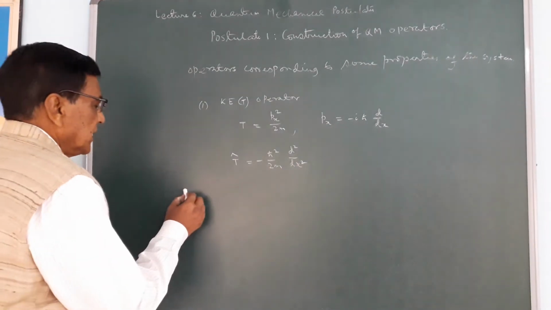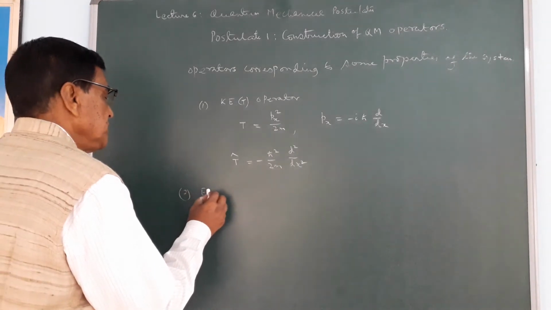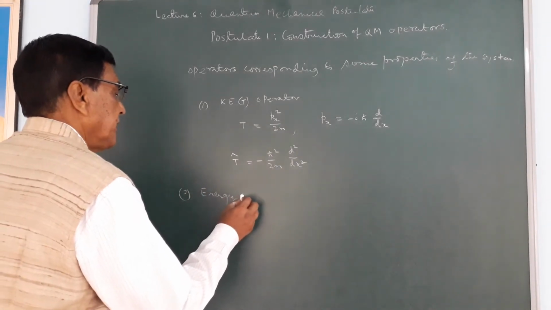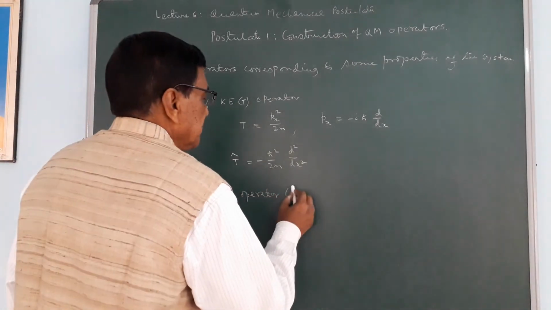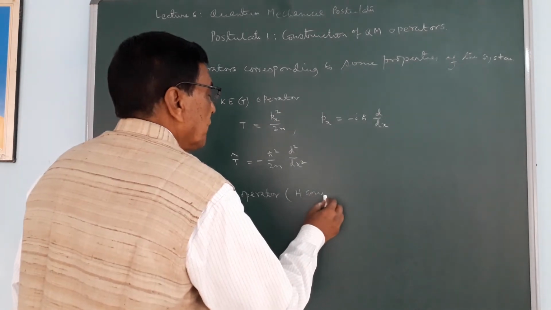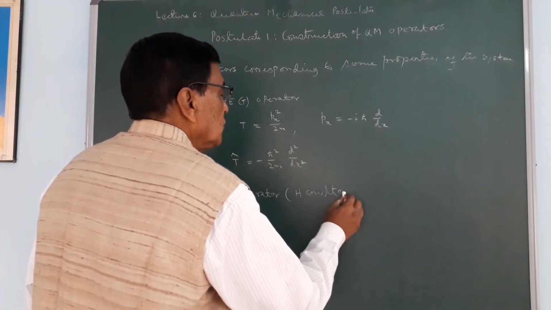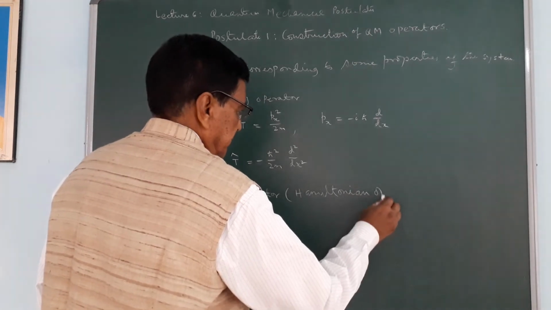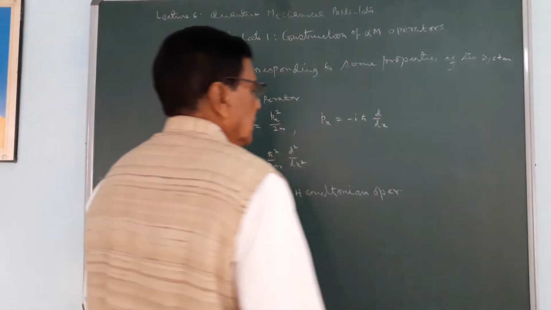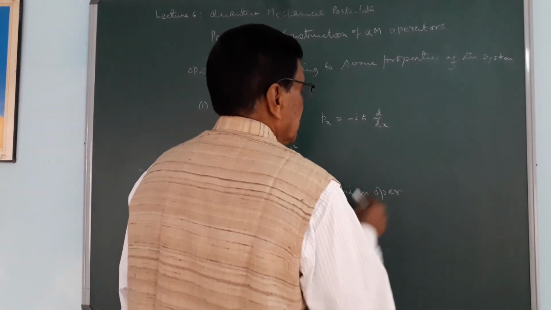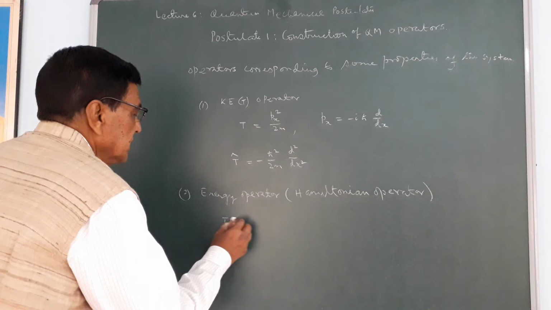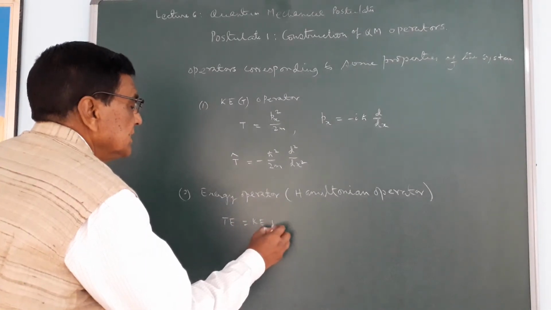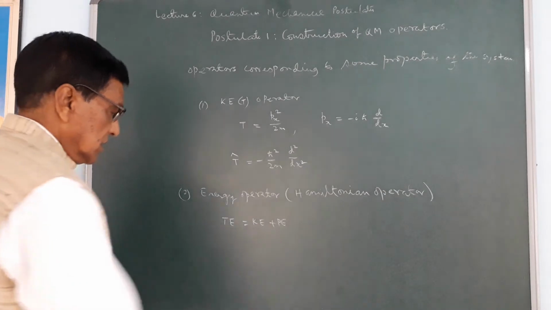So the second one is the total energy operator. This is a very vital operator, sometimes called the Hamiltonian operator, according to the name of Hamilton, a mathematician in the 19th century. The total energy is equal to kinetic energy plus potential energy.